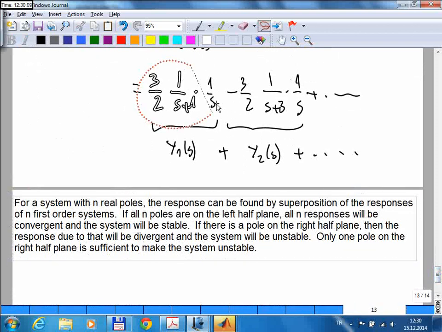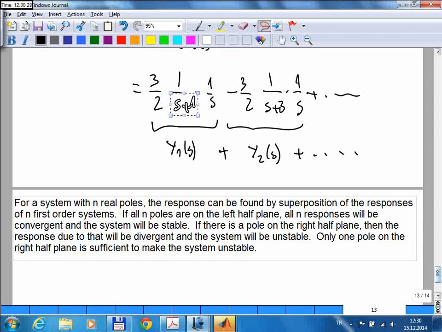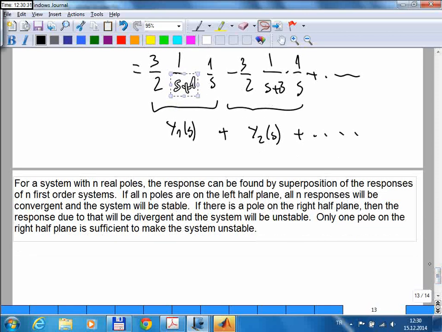So the responses will be given by such functions, and it all depends on where the pole is, because this part gives you the exponential term. And if it has a pole on the right half plane, the exponential term will be growing, and that growing exponential term means that your system is moving away from the equilibrium point, which means that the system is unstable. Okay? So let me just stop recording here.